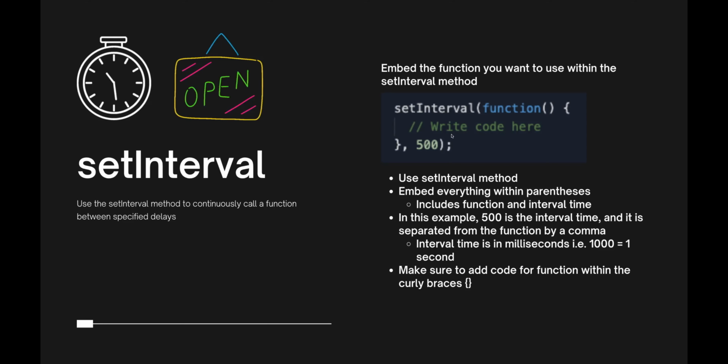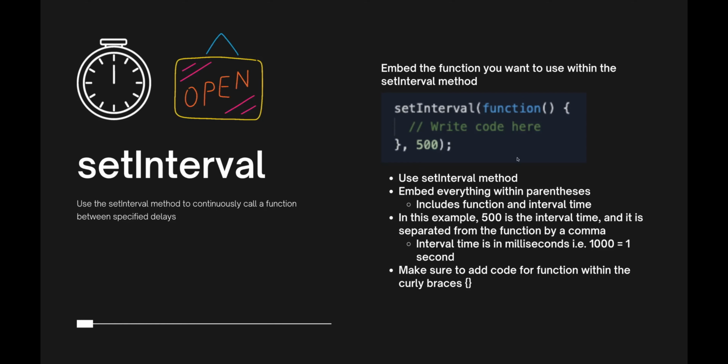And in this example here, this is how you're going to use the setInterval method. So you're embedding everything within parentheses, as you can see here. You're embedding the function, and then this 500 here is the interval time. That's what you use to specify how long it's supposed to wait until it runs the function.